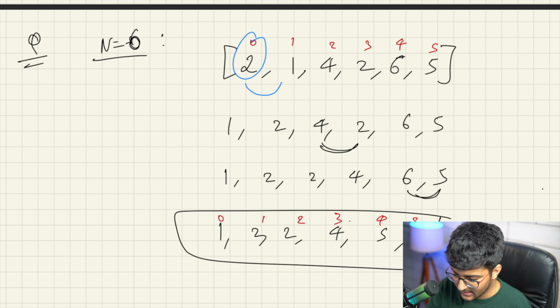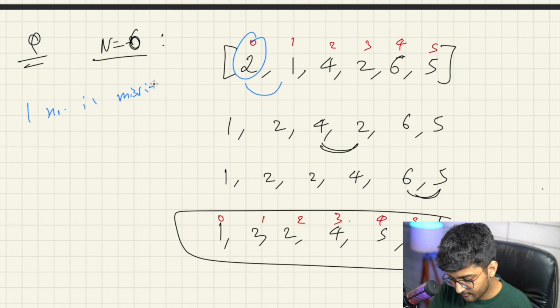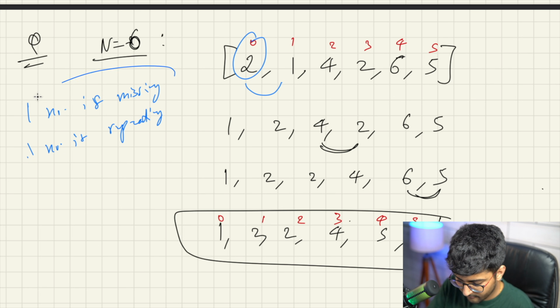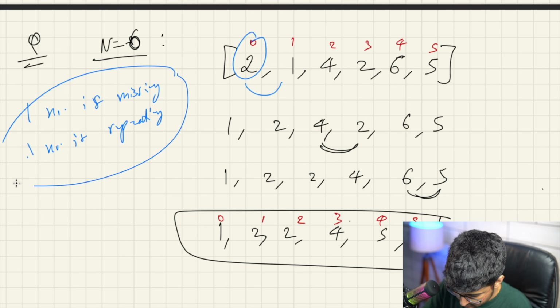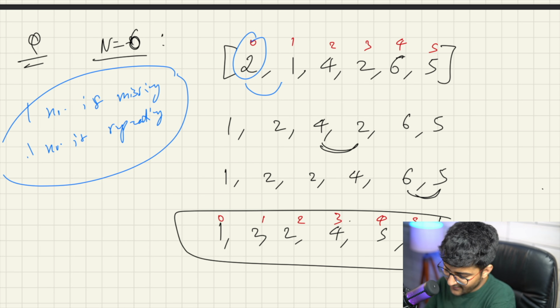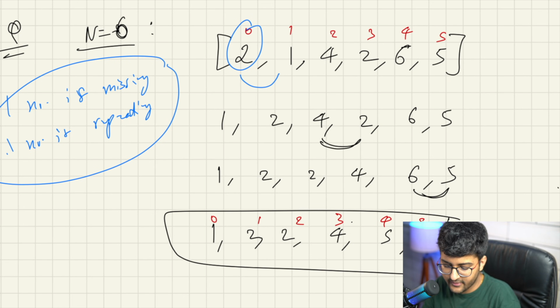Now we know that one number is missing and one number is repeating. If I look at this array, we have done these questions individually.